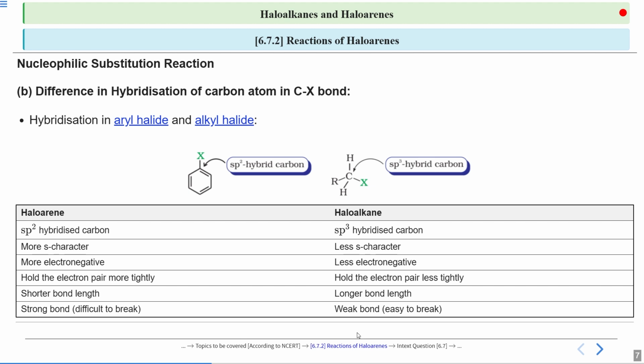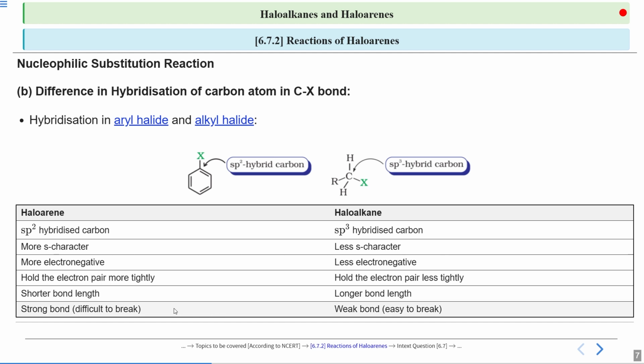Okay. So, due to this difference, there is lesser reactivity towards a nucleophilic substitution reaction shown by haloarenes compared to haloalkanes, due to all these reasons. Due to the difference in hybridization and the strong bond in the haloarenes, they show lesser reactivity towards the nucleophilic substitution reaction because the bond is stronger.